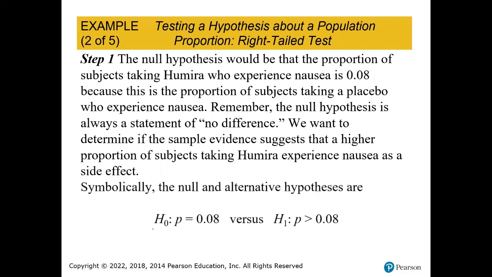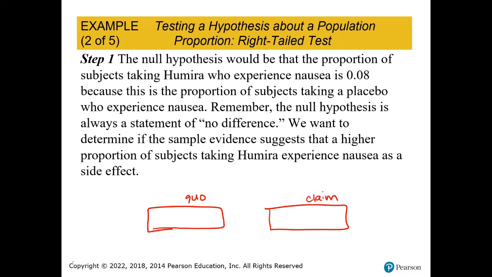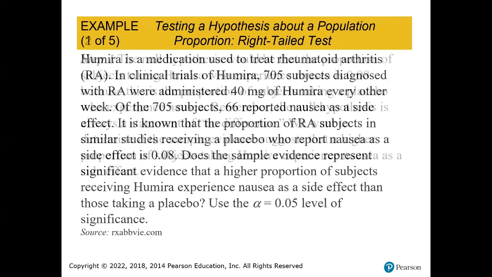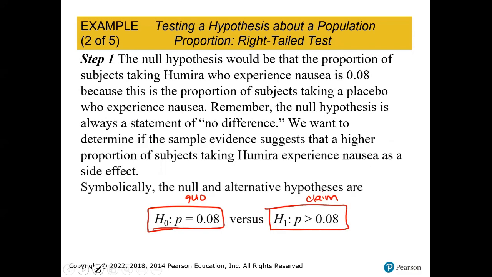Our null is that our proportion equals our status quo value of 0.08. We are testing that it is greater. That is what it asks. Is it a higher proportion in those that are taking this drug? So step one is we do that.